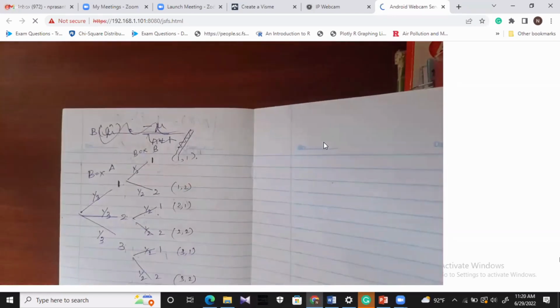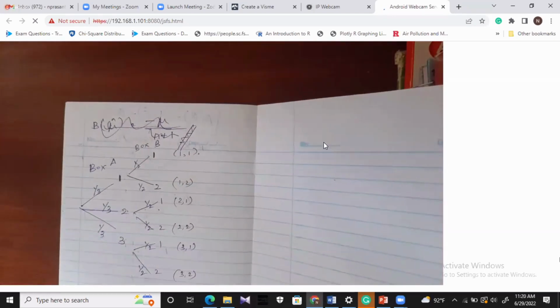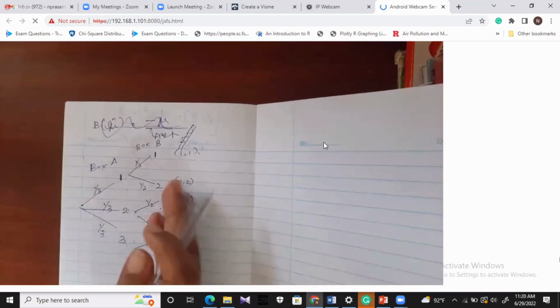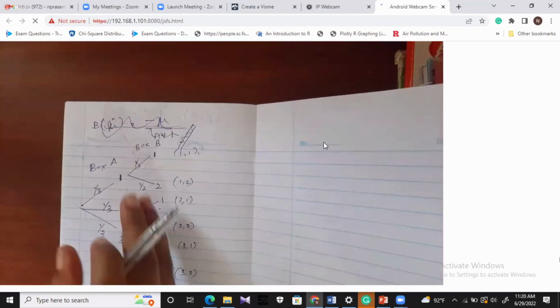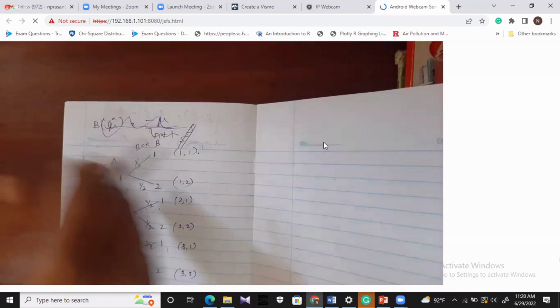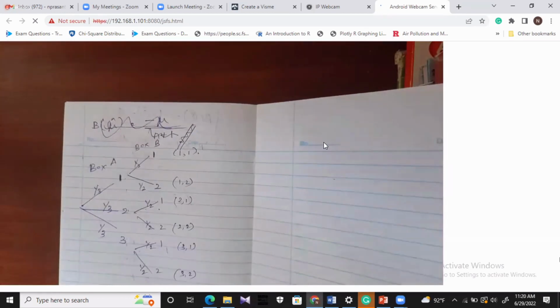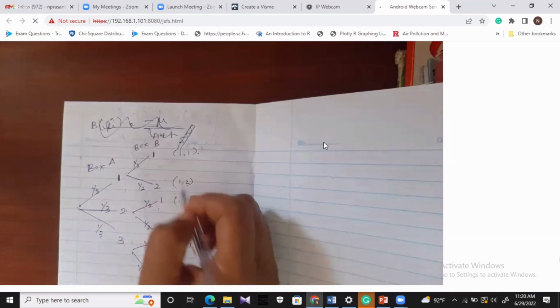Understand? Now we are going to find the probabilities of getting these pairs. Earlier, we found the probability of getting number 1, 2, or 3 for box A or box B. Now we are going to find the probability of getting these pairs.